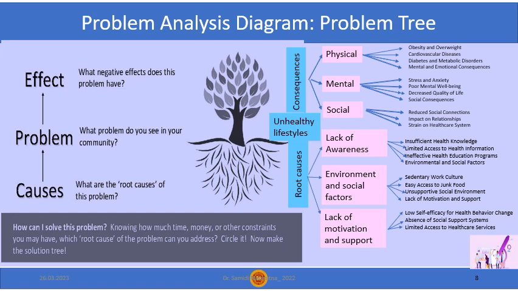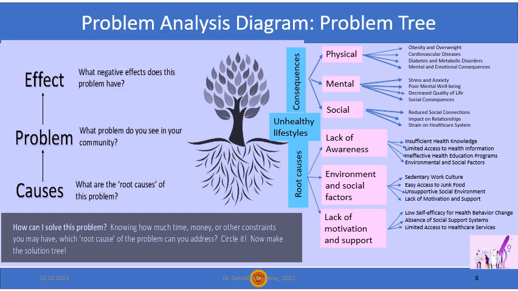So in this case, the unhealthy lifestyles, since we were talking about it, and its underlying root causes and the consequences. So the root causes actually are represented by the roots of the tree, and the consequences by the branches and the leaves. So the trunk gives you the core problem.